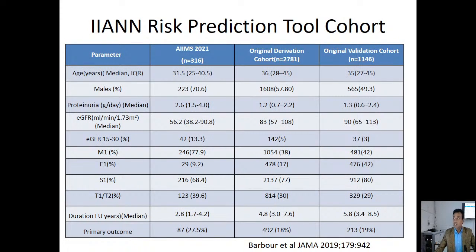Subsequently, the International IgA Nephropathy Network has come up with a risk prediction tool, which Dr. Samita would be highlighting in much greater detail, which looks at 7 points to assess the overall prognostication of the population. We have reanalyzed our data, and the numbers have now increased, and we have compared it to the cohort of the risk prediction tool, both the derivation as well as the validation cohort.